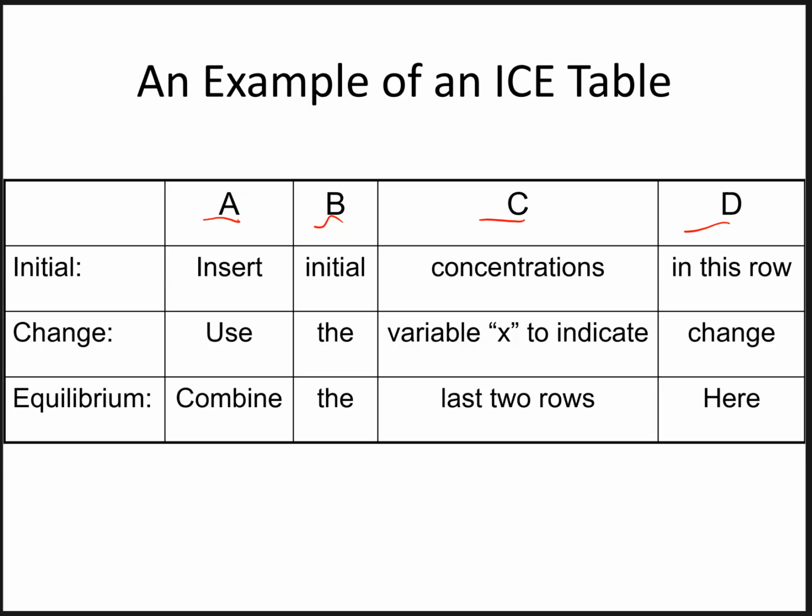And so what we do is we always track through things we know are our initial conditions, and then we can predict changes by using the variable x and the stoichiometric relationships to indicate changes in one direction or another, and then actually calculate what we would expect to have at equilibrium in terms of pressures and concentrations.